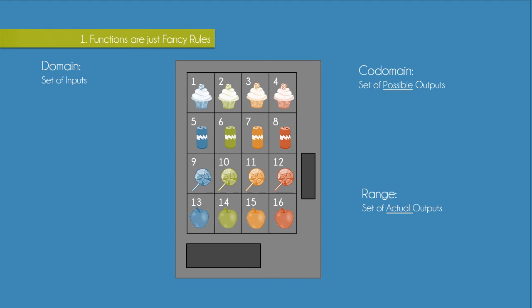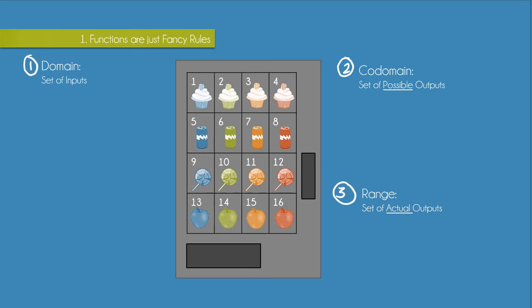I want to use the example of the vending machine as a function to introduce some of the vocabulary we use to describe functions. And the terms I'm going to explain here are domain, codomain, and range of a function. So first of all, what's meant by the domain of a function?